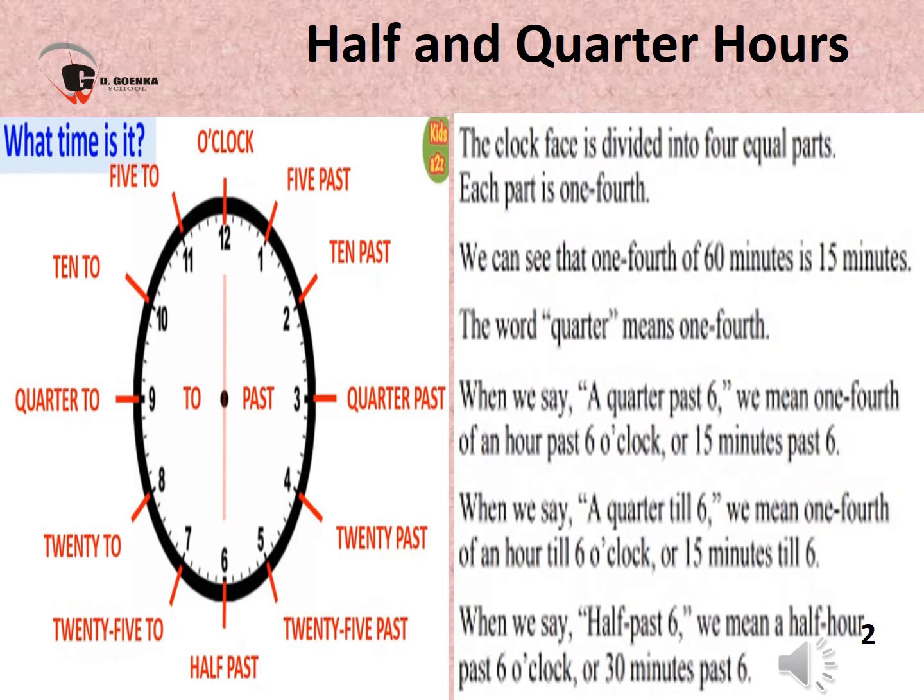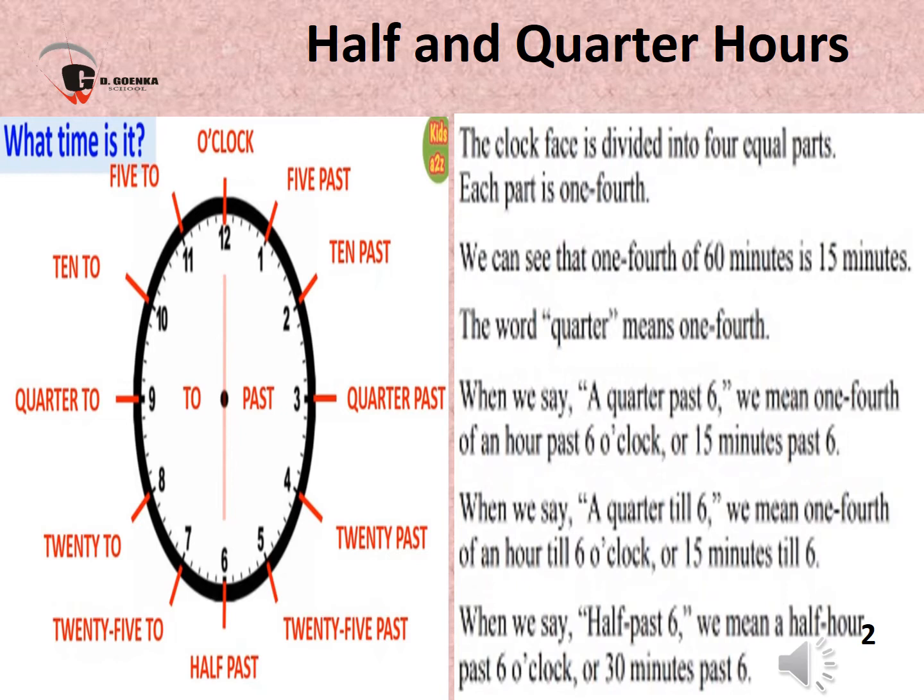25 to, 20 to, quarter to, 10 to, 5 to and o'clock. So o'clock means 60 minutes, whole clock. Half past means 30 minutes. Quarter past means 15 minutes past and quarter to means till 15 minutes.